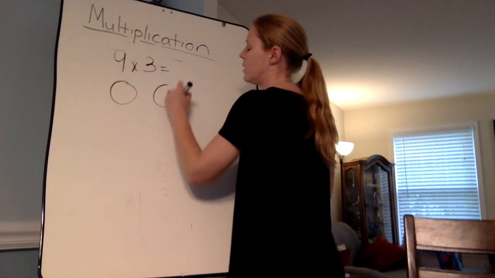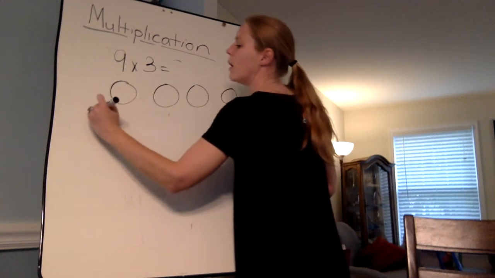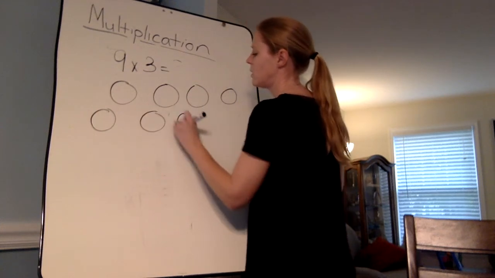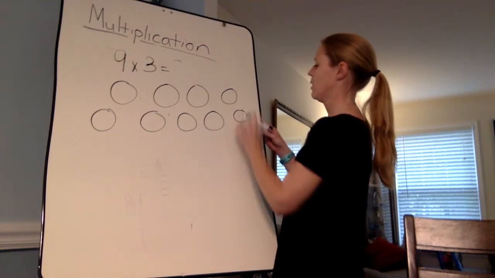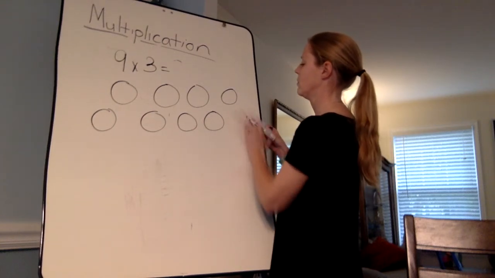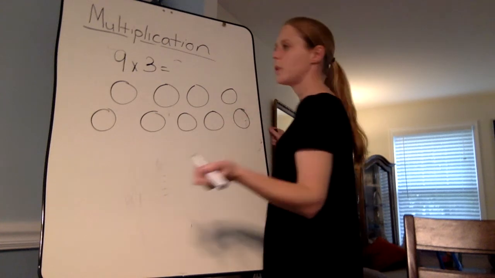So I could draw it out, absolutely. I could 5, 6, 7, 8, 9. Oops, sorry. I got so into my counting. 9 loops.